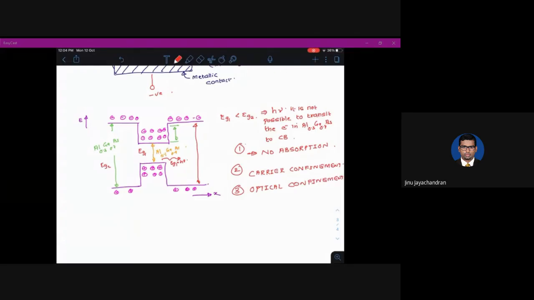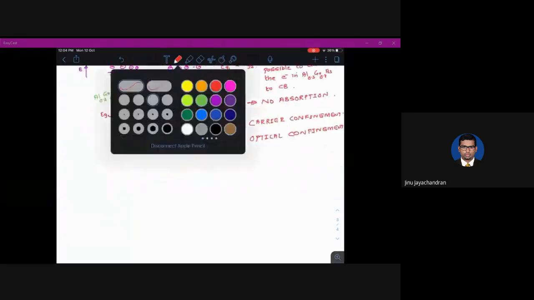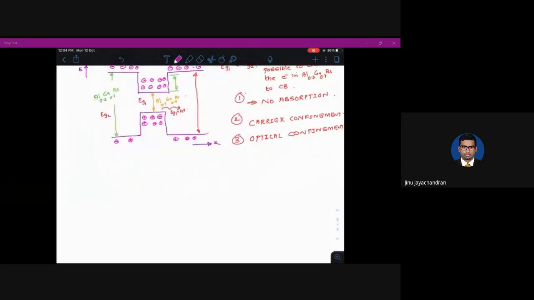To explain this, we should understand that there is a general principle that the higher the band gap implies the higher the refractive index. This is a general principle. Okay. So if you have a higher band gap semiconductor, your refractive index will also be very high.